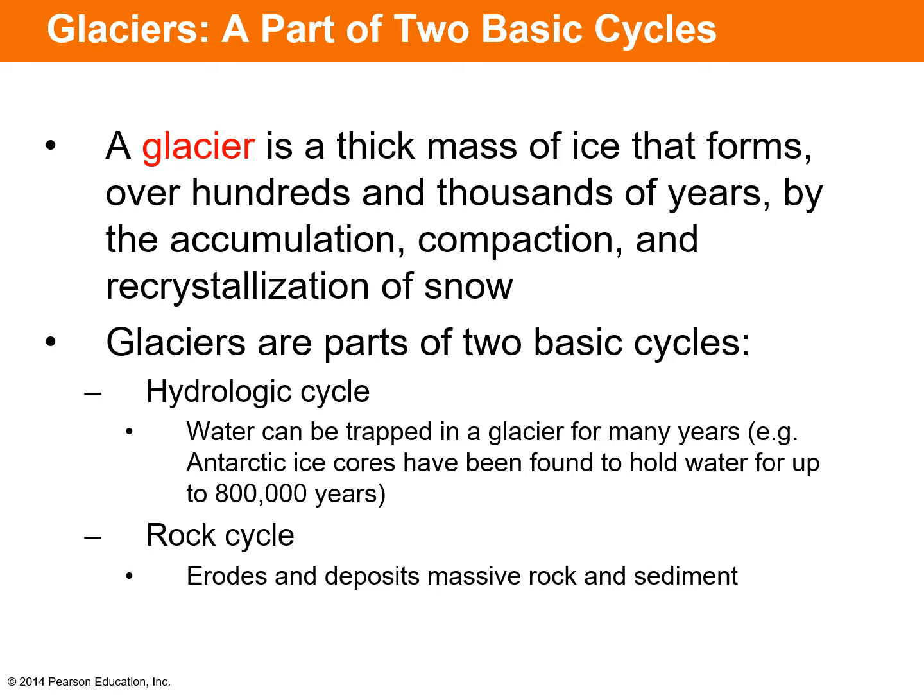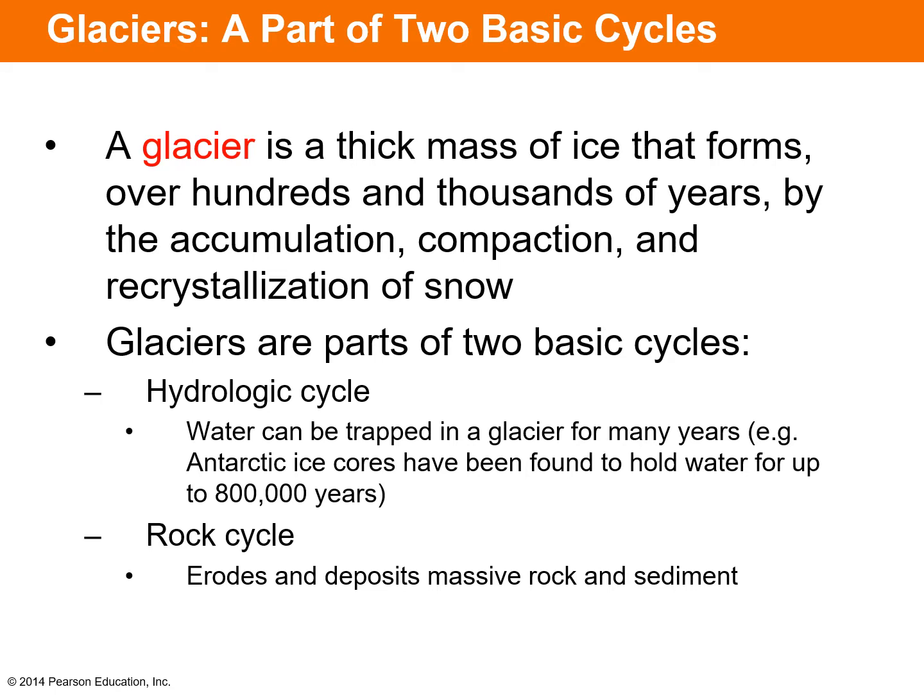You can still see some of the characteristics of the original snowfall to some extent, and that is because of the compaction and recrystallization. You can think of the formation of glaciers similar to depositing sand in a basin for hundreds or thousands of years, and then that sand becomes compacted and cemented together to form sandstone. It's sort of analogous to what happens with snow compacting and recrystallizing into glaciers.